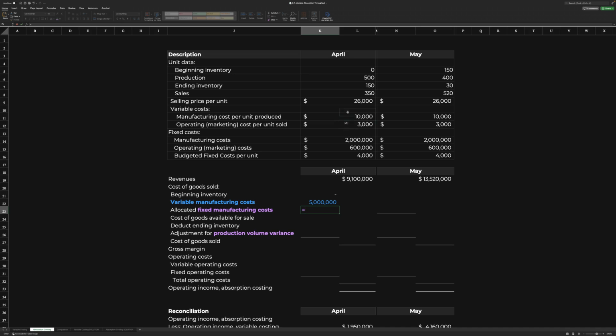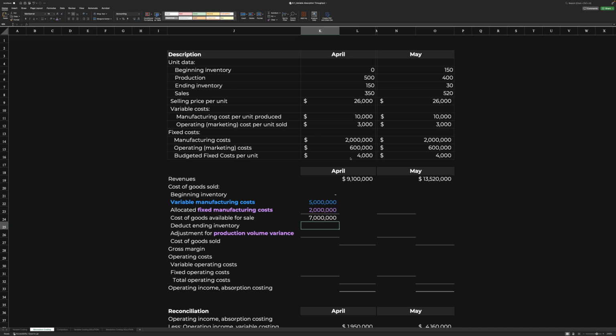The business produced 500 units, and we'll multiply that by the allocation rate, $4,000 of fixed manufacturing costs per unit. That equals 2 million. So the cost of goods available for sale are $7 million for April.